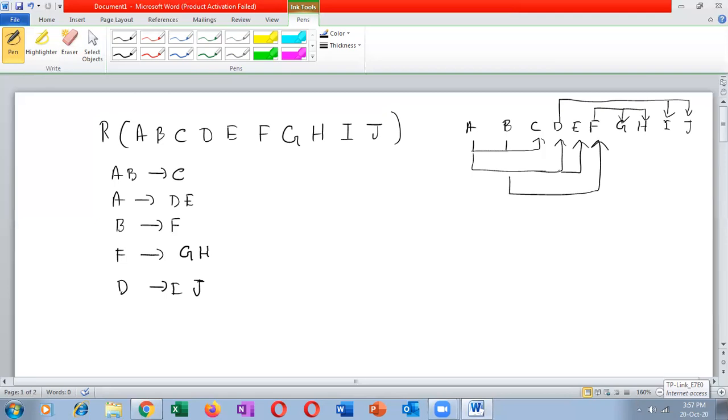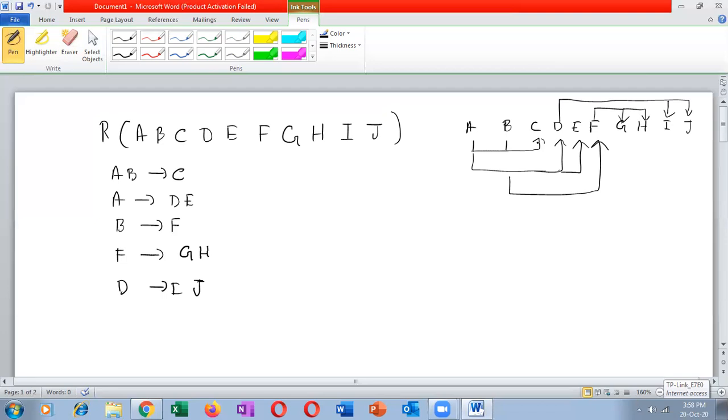So first, I have to find out the candidate key here. For that, I have to find out which attributes don't have any incoming edge. I can see that C, D, E, F, G, H, I, J, all these attributes have incoming edges. So these attributes cannot form a candidate key, because having an incoming edge means they are determined by some other attributes.